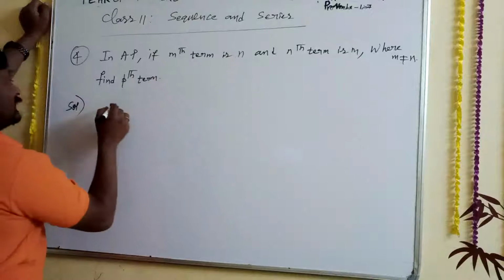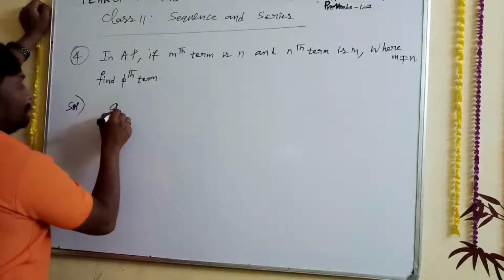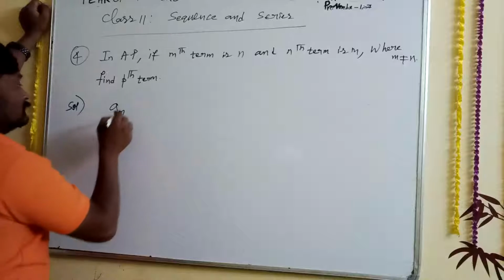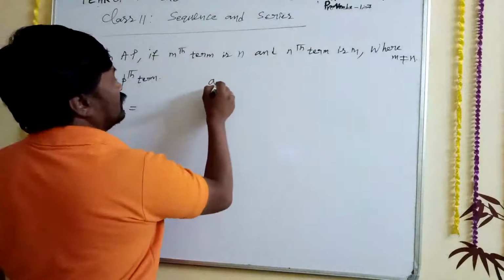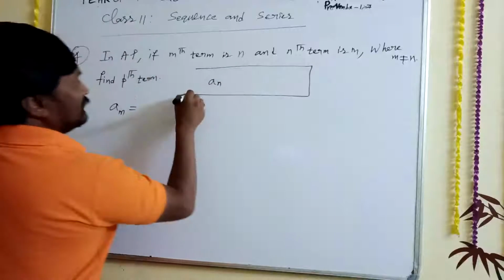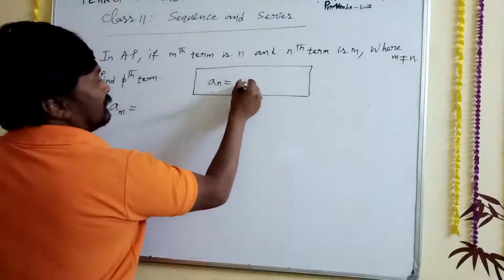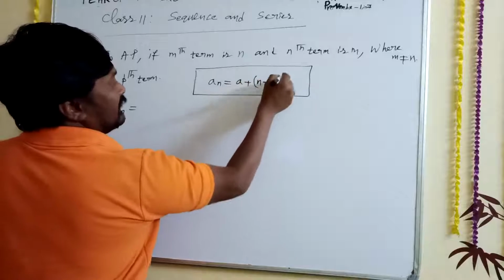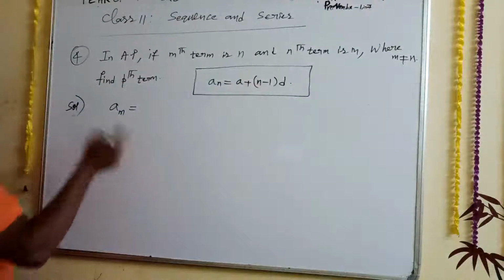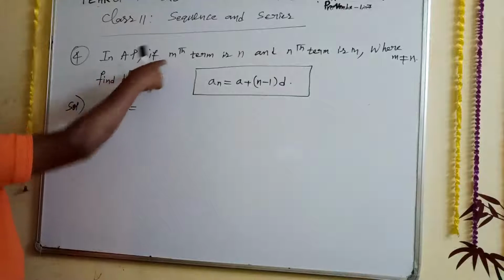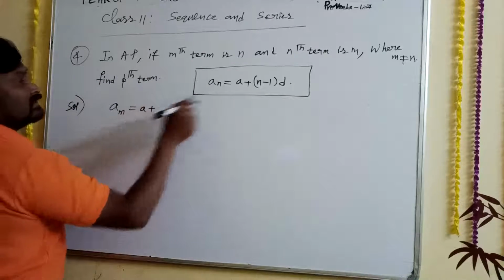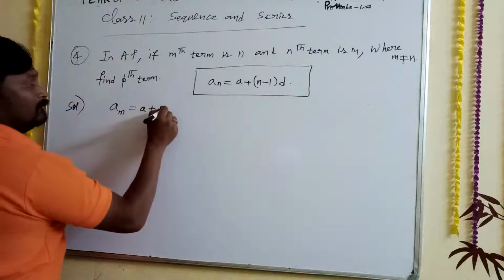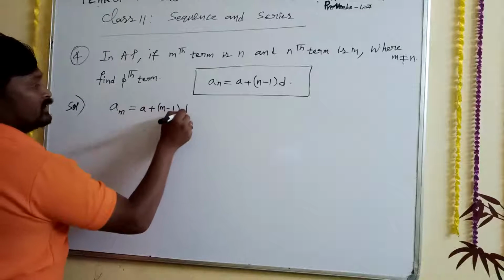Here, the mth term is n. That means am, the mth term, is equal to... you know the formula for an. We know an is equal to a plus n minus 1 into d. Now, what is am? For the mth term, we need to write m in place of n. So a plus m minus 1 into d.